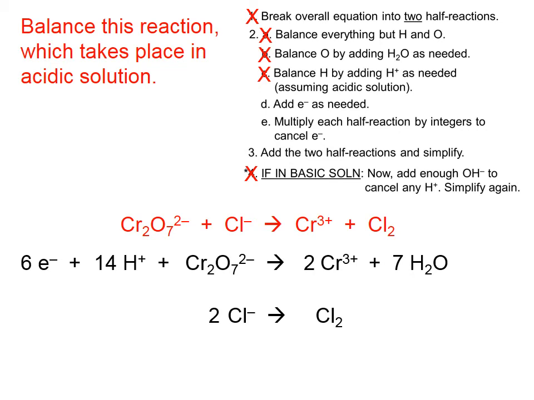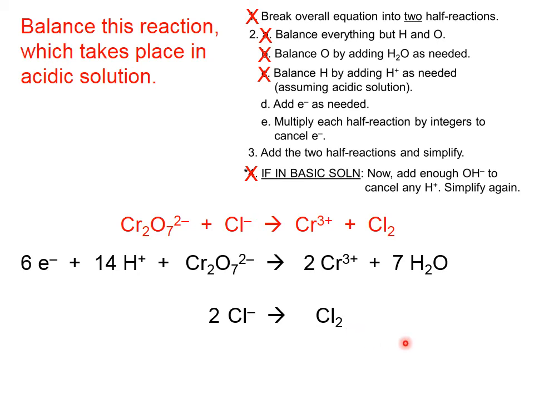When we go to put electrons in the other half reaction, we are anticipating putting electrons on the opposite side from what we did in the first half reaction. If we find ourselves, for this second half reaction, putting electrons on the left, just like we did for the first half reaction, we're doing it wrong.